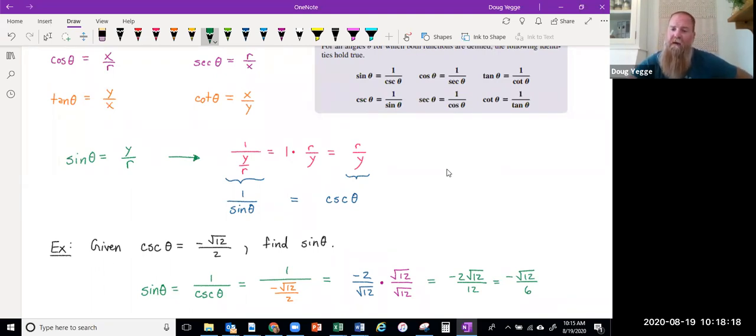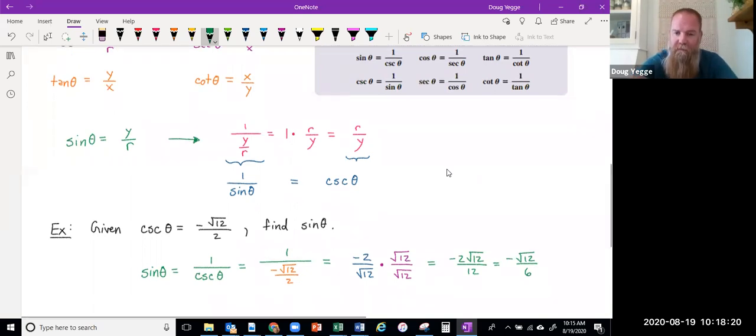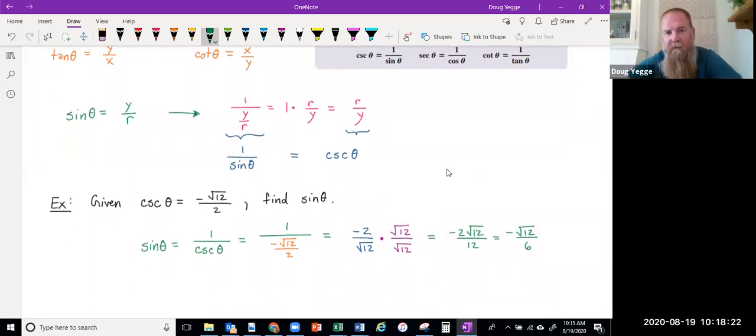But we'd like to keep in mind that this is not quite correct either, because we should always be simplifying our radicals. So not only do we rationalize denominators, but we also need to recognize that root 12 is the same as the square root of 4 times 3. So root 12 is actually 2 root 3, giving negative 2 root 3 over 6.